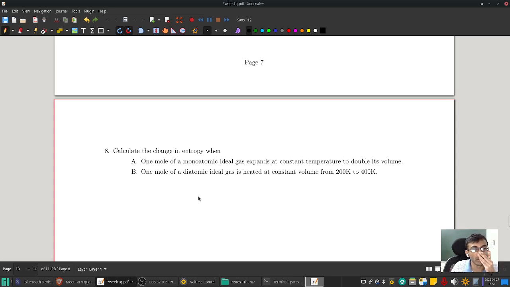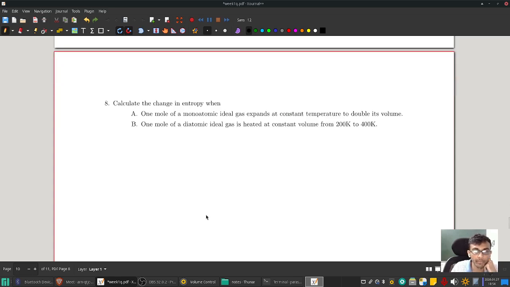This one is about calculating entropy changes for an ideal gas in various processes. Yeah, so here's how we can calculate the entropy change for an ideal gas in any process.